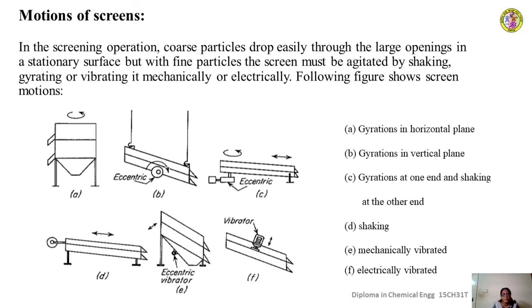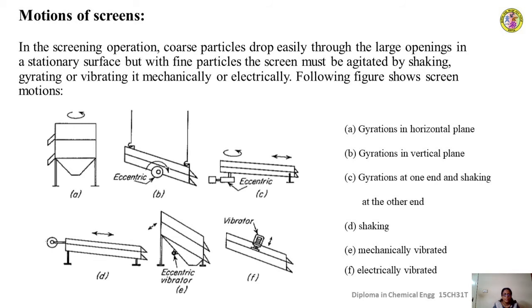But the fine particles will have some difficulty in entering and passing through the openings of the given screen. In such a case, the screening should be given some kind of assistance by shaking or gyrating, by oscillating or revolving, either mechanically or electrically. Then a suitable kind of motion is adopted for a given screen to assist the screening operation.